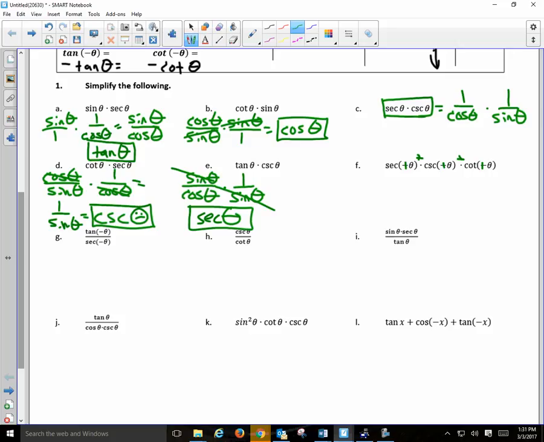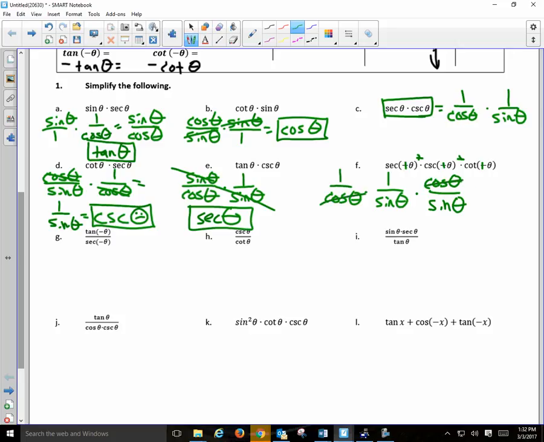No big deal, right? So I will now simplify. Secant is 1 over cosine. Cosecant is 1 over sine. And cotangent is cosine over sine. What happens? Cosines go away.